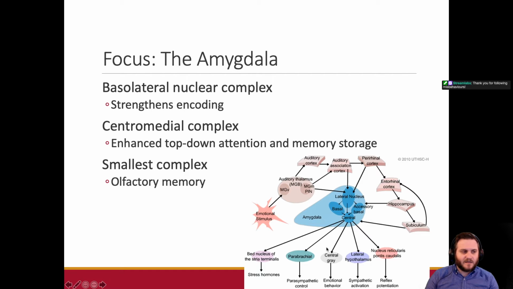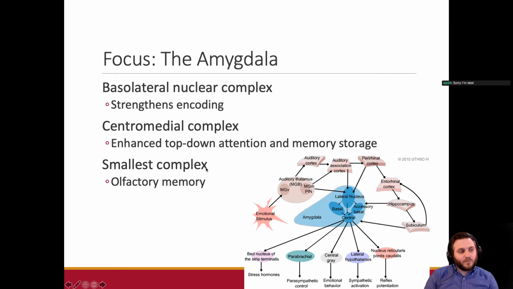It's not from your book. So it's using slightly different language, but the basolateral nuclear complex strengthens encoding, right? So that's where a lot of information comes from first, and that's this lateral nucleus right here. And then we have the basolateral nucleus, so these two are connected, okay?